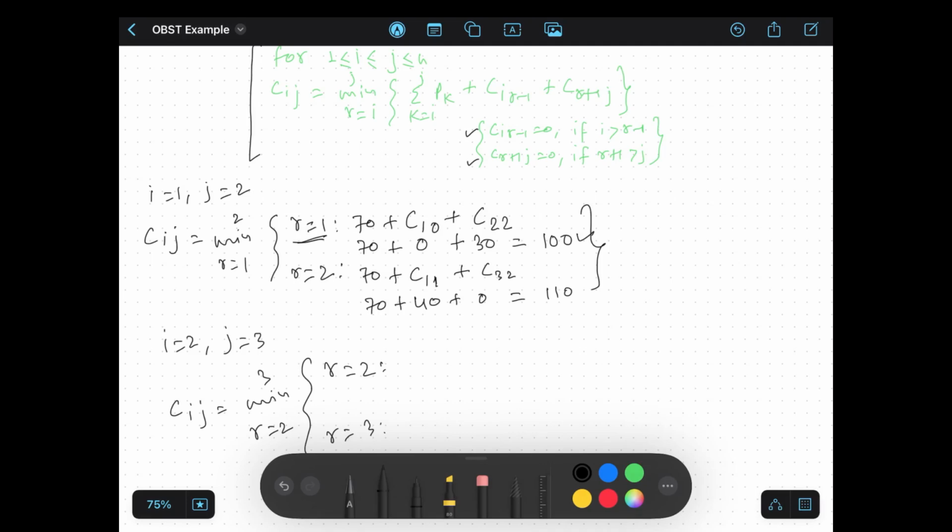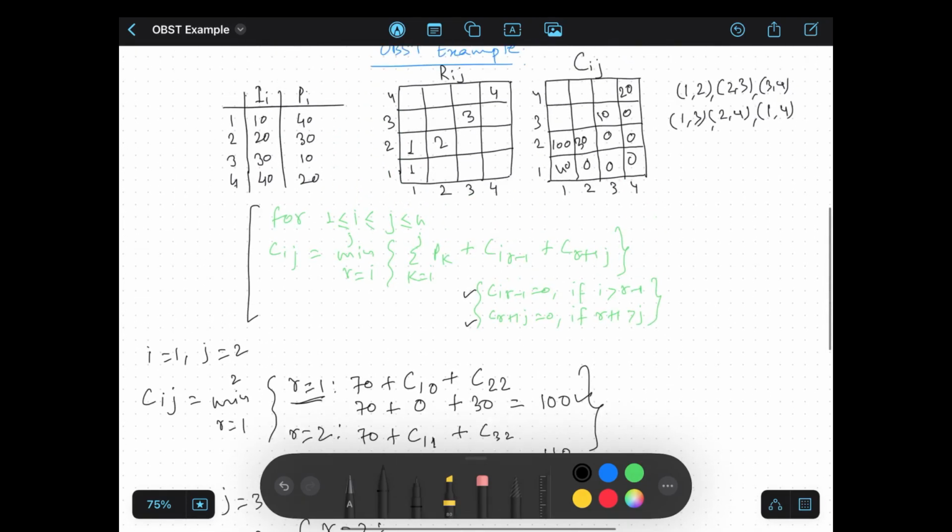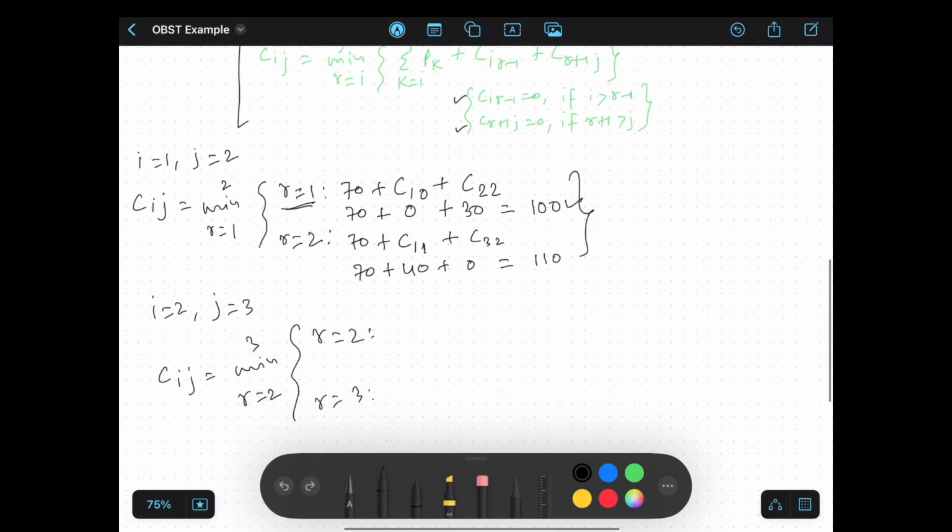For the summation of probabilities from 2 to 3, it is 30 plus 10, which is 40, plus cost of i, r minus 1, where i is 2 and r is 2, 2 minus 1 is 1, plus cost of r plus 1, which is 3, and j is 3.